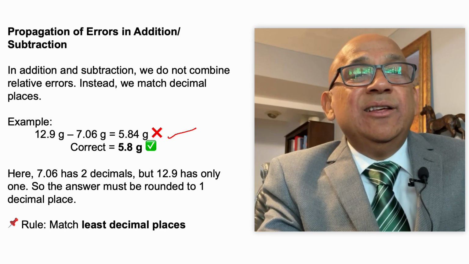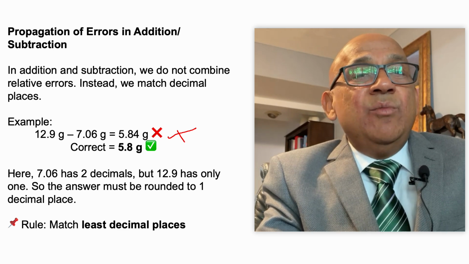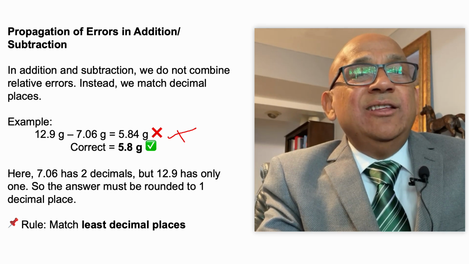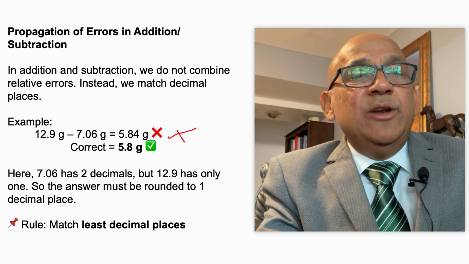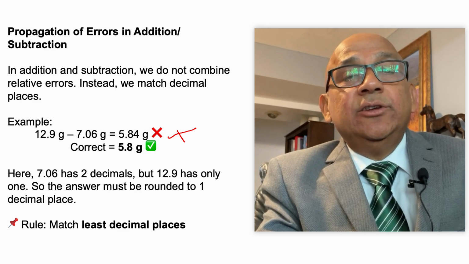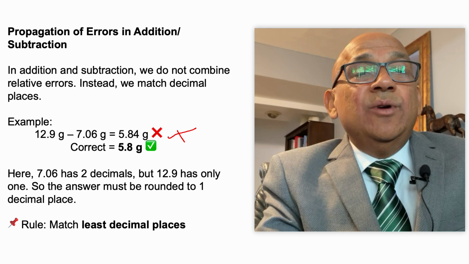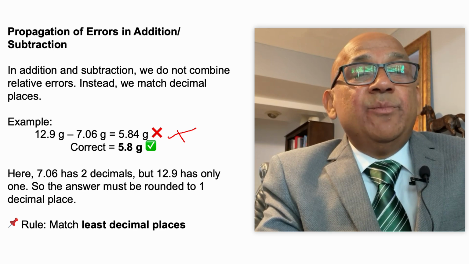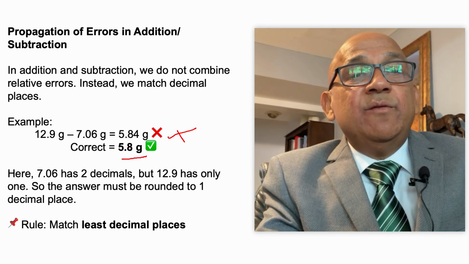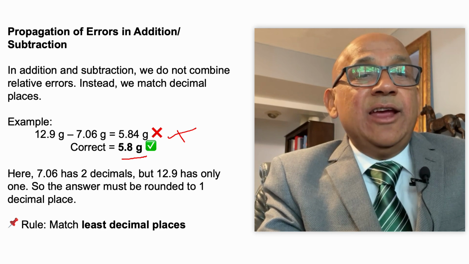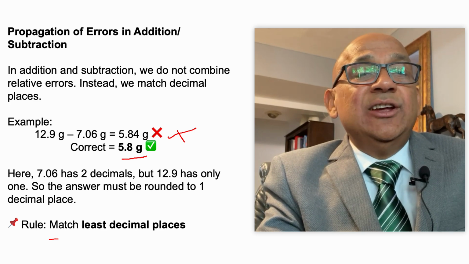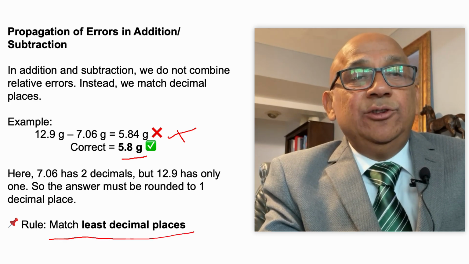If you write 5.84, this will be the wrong way of writing, because you are seeing that in 12.9 there is only one decimal place. So answer should be rounded to one decimal place. We have already discussed this in a previous slide also. So the number which we will report in the correct format will be 5.8 grams. So the rule is match the least decimal places.